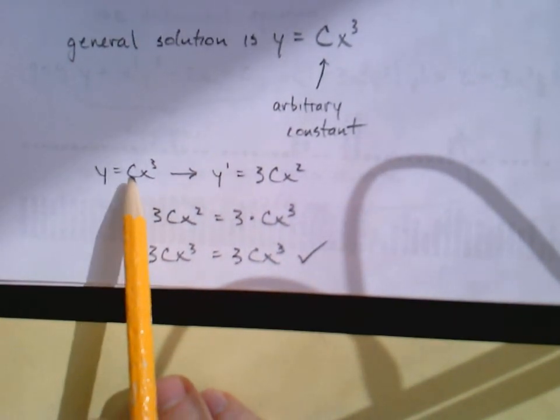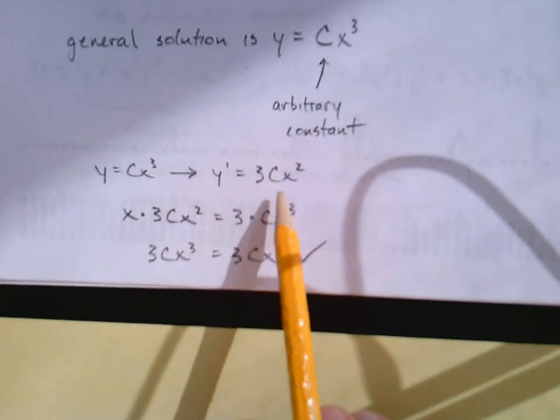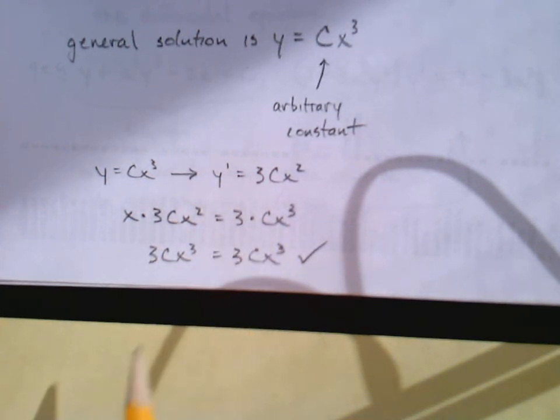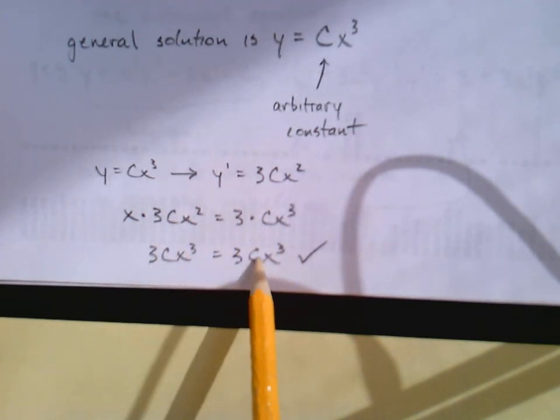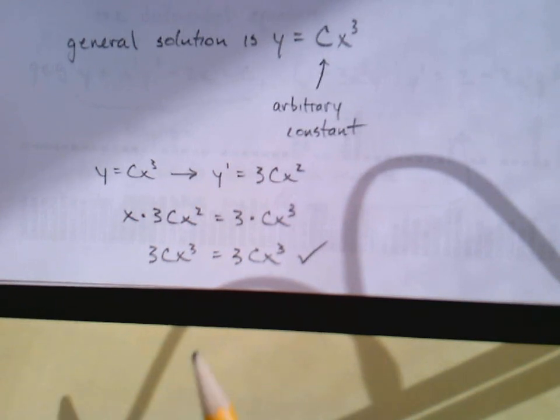If y equals capital C x to the third, then there's the derivative, 3C x squared, and I'm plugging in y prime, I'm plugging in y again, and I'm confirming, yep, whatever value of C, you're going to get 3C x to the third on both sides. And we've verified that general solution now for any real number C.